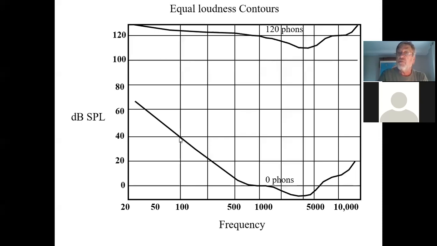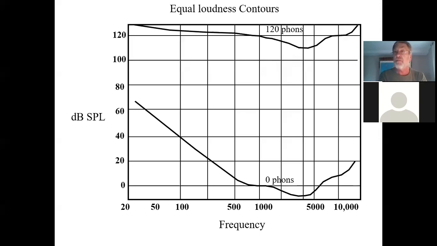100 hertz. We had to turn that up to about 40 dB SPL for that tone to be just barely audible. So how loud did we hear that tone? Just barely. So how loud was that? 0 phons. So every frequency along this curve is heard equally loud. How loud? Just barely audible.